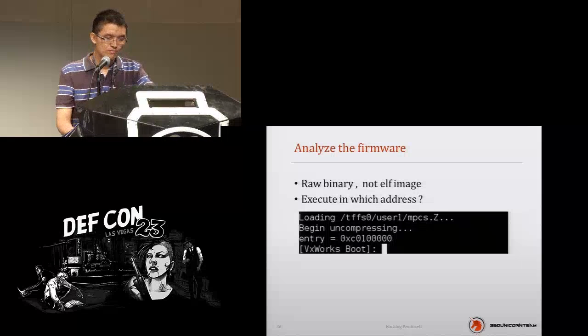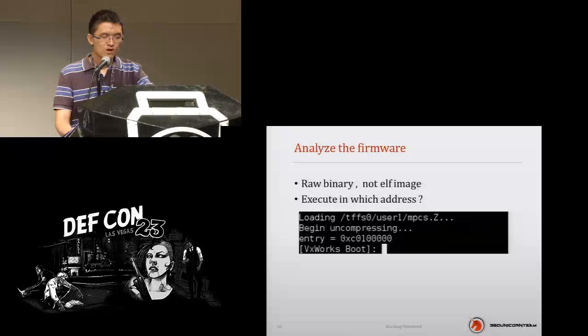Now we can analyze the firmware. This image decompressed from the mpc.z is a raw binary. It's not an ELF image, and it does not contain any information about the location and linking information.